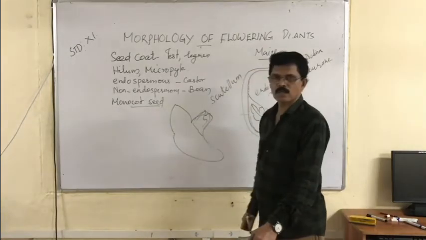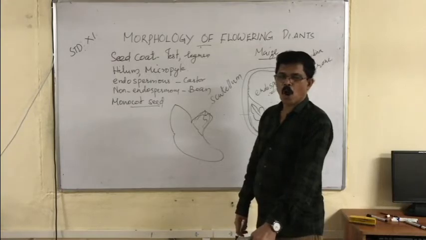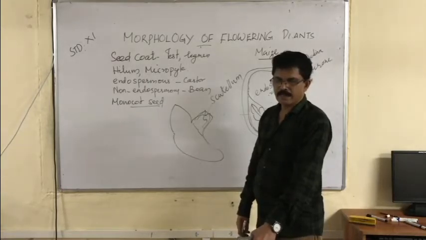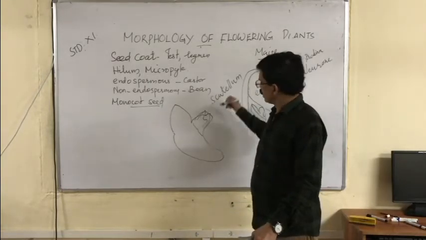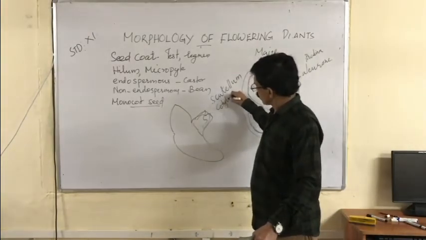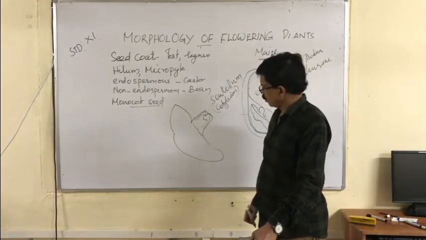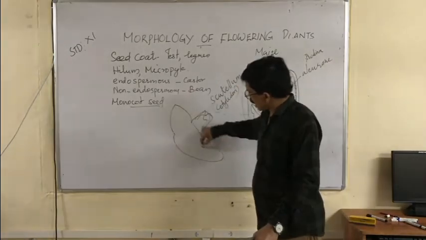In a monocot seed like maize, there is a single cotyledon called the scutellum. And this is the embryonal axis.